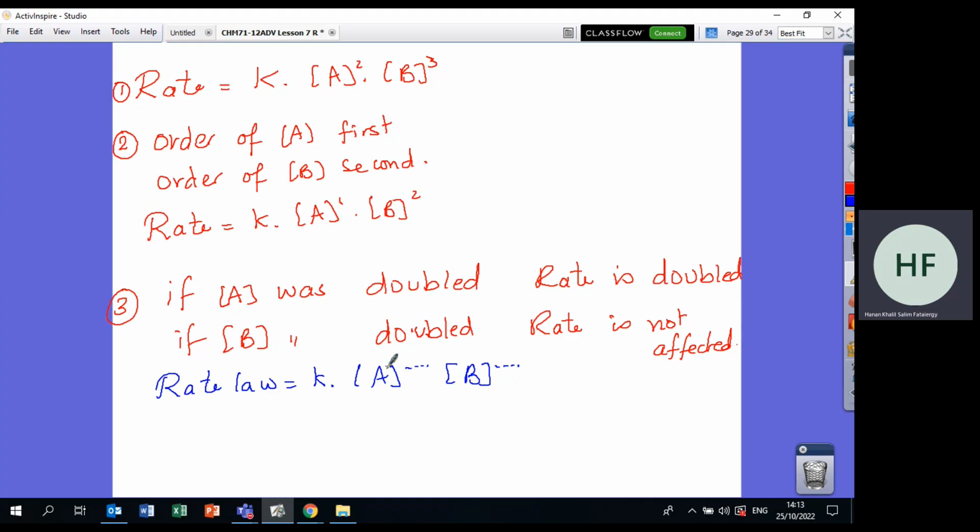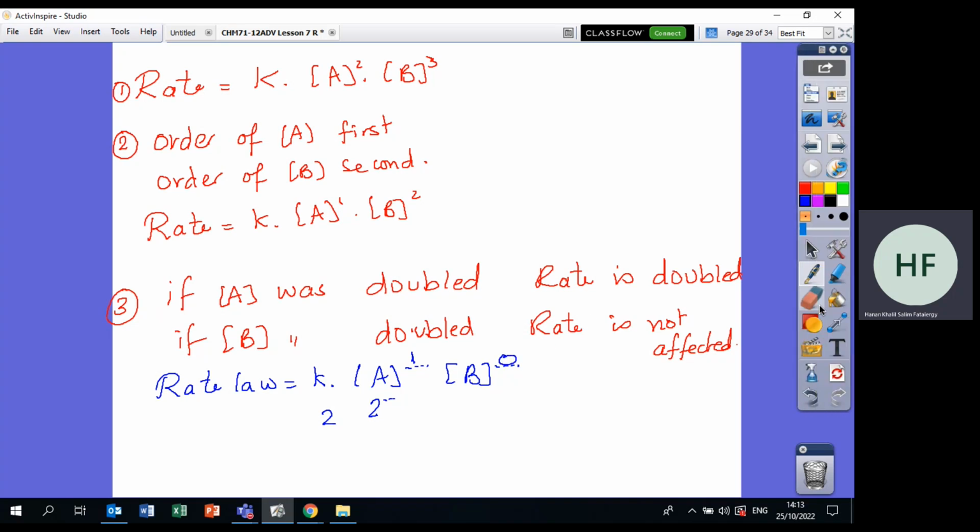Doubled means 2 and the rate is doubled. 2 power what gives you 2? So this power is 1. If B was doubled, the rate is not affected, so the power of B is 0. Not affected means it will be the same.